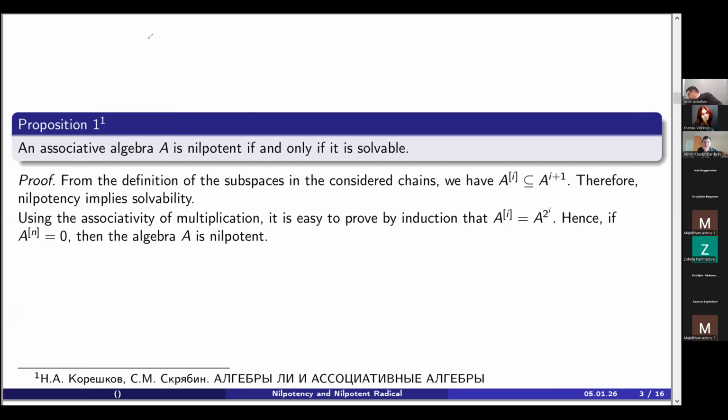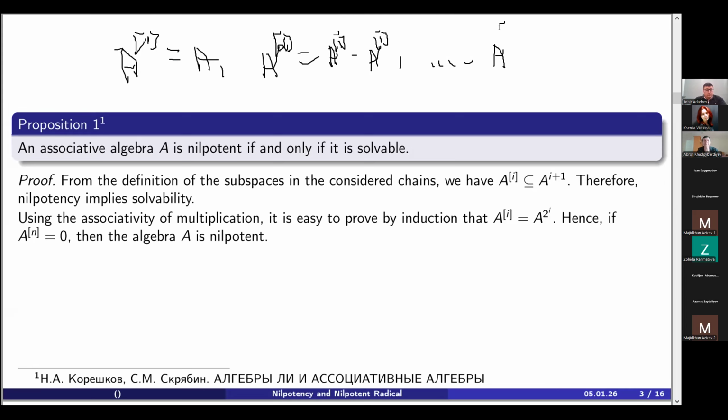Consider the subspaces A^(1), A^(2) equal to A^(1) multiplied by A^(1), and so on, A^(n+1) equal to A^(n) multiplied by A^(n). The algebra A is solvable if A^(n0) is equal to 0 for some natural number n0.